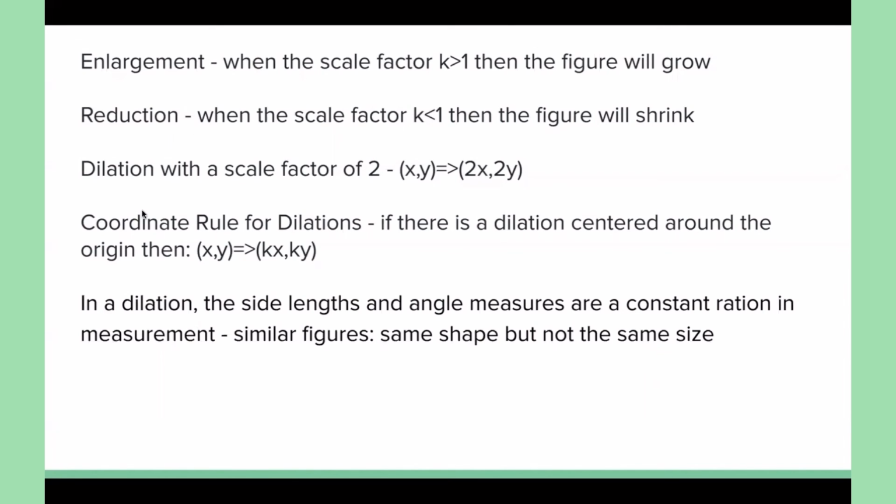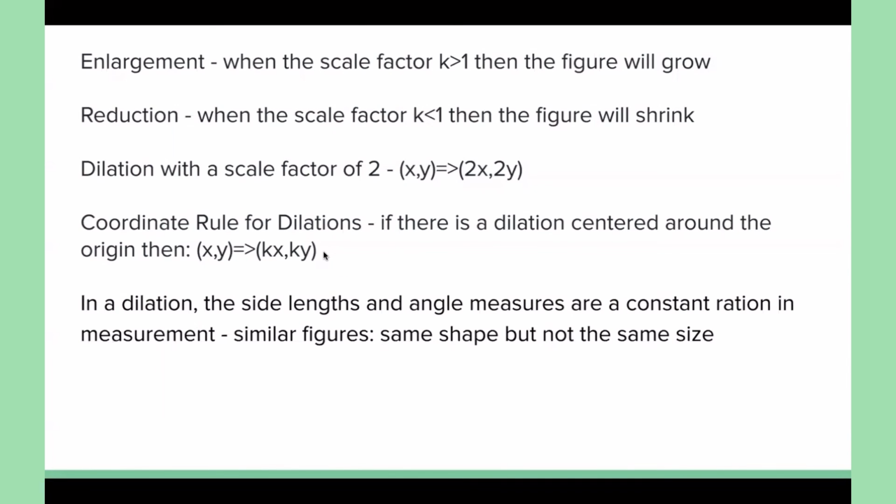A dilation with a scale factor of 2 would make (x, y) become (2x, 2y), so both coordinates would be enlarged by 2. The coordinate rule for dilations centered around the origin is that (x, y) becomes (kx, ky).